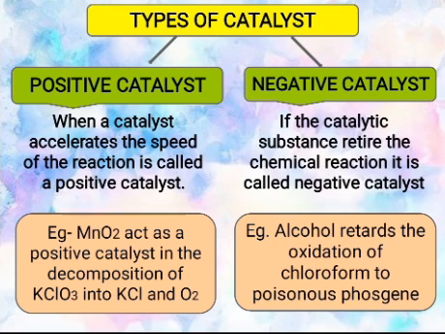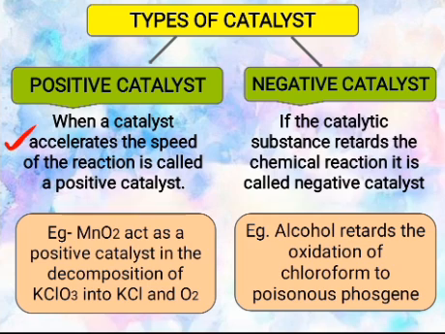Positive catalysts are the catalysts which accelerate, or increase, the speed of the reaction. The meaning of accelerate is increase. Now, negative catalyst. If the catalytic substance retards the chemical reaction, it is called a negative catalyst. What is the meaning of retard? Retard means decrease. It decreases the speed of the chemical reaction or stops the chemical reaction.